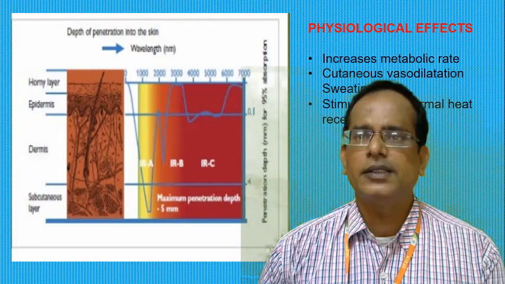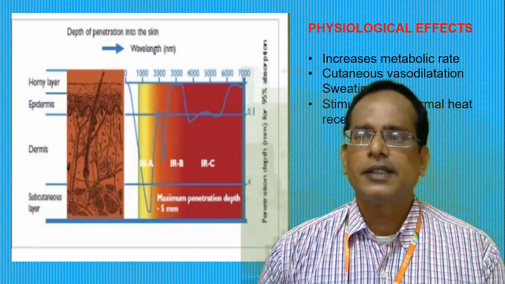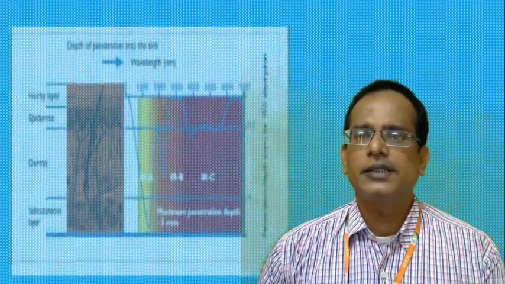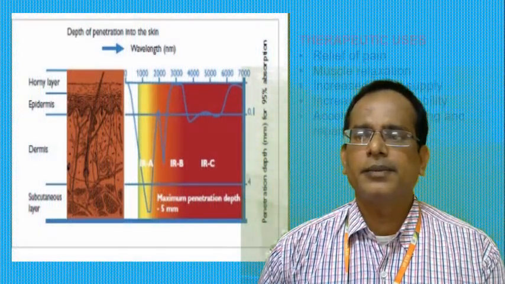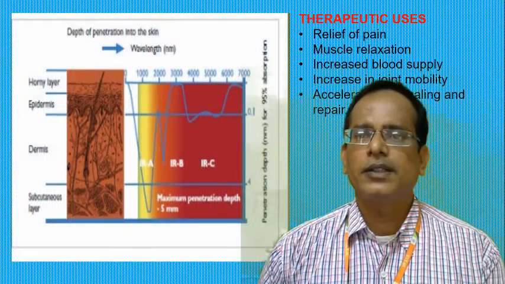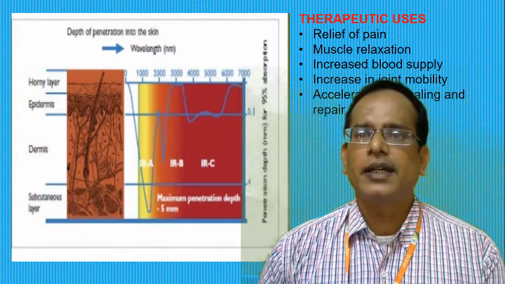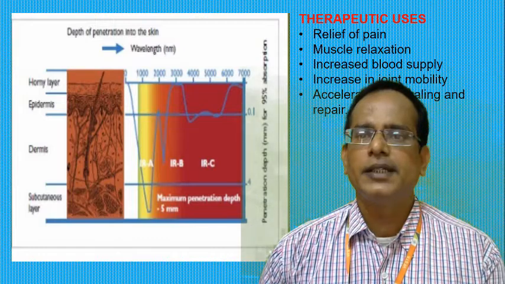These are the physiological effects. Next we are going to discuss the therapeutic uses. So what are the therapeutic uses? First one is relief of pain, second one is muscle relaxation, third one is increased blood supply, fourth one is increased joint mobility, fifth one is acceleration of healing and repair.